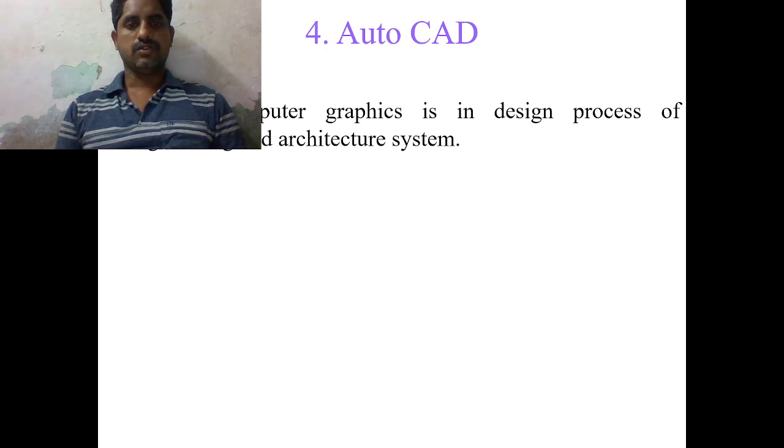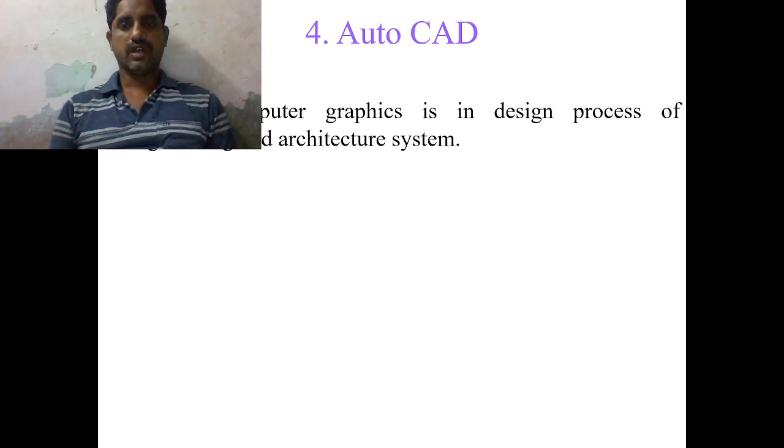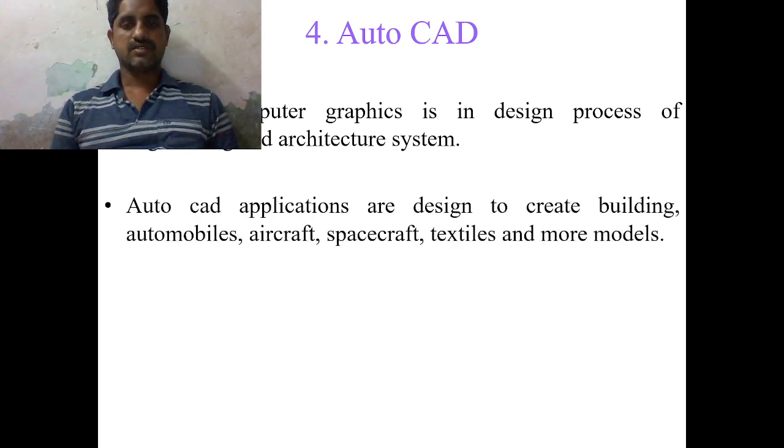Next, AutoCAD. Computer graphics is used in the design process of engineering and architecture systems. In AutoCAD systems we design different types of engineering and architecture, that is buildings or whatever it may be. AutoCAD applications are designed to create buildings, automobiles, aircraft, spacecraft, textiles, and more models.